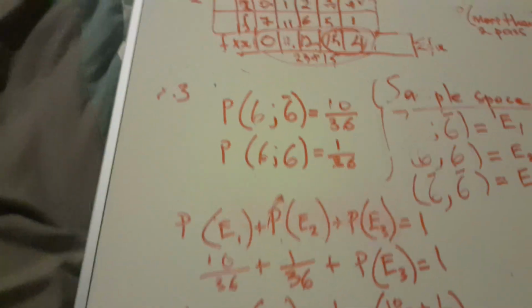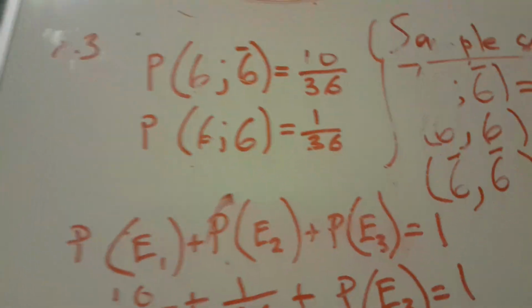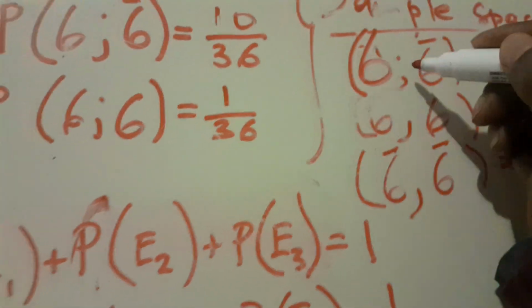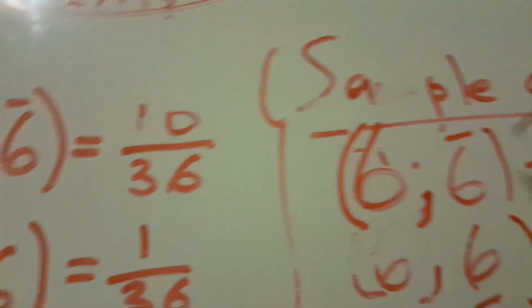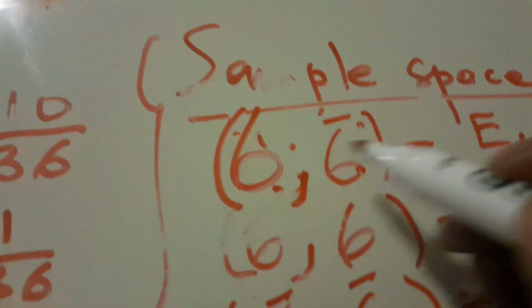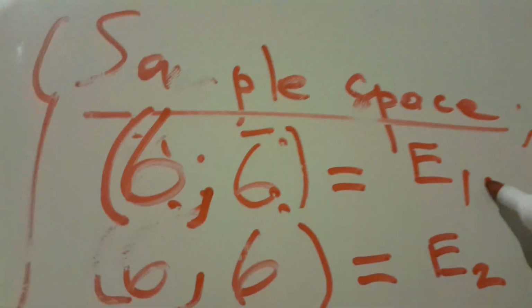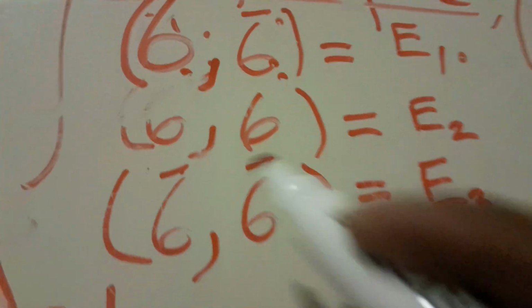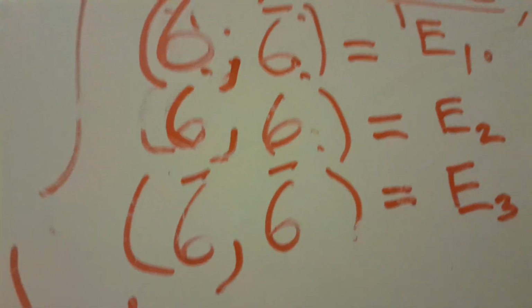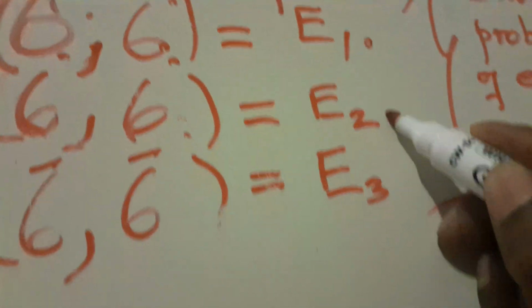Okay, let's try to visualize that. The first outcome, a 6 and not a 6, I'll call event 1. This outcome, a 6 and a 6, I'll call event 2.